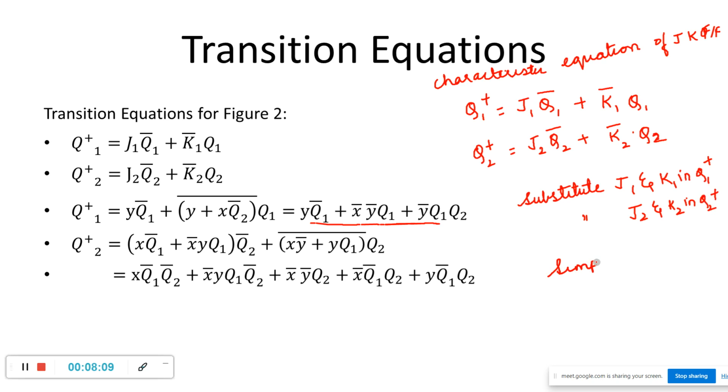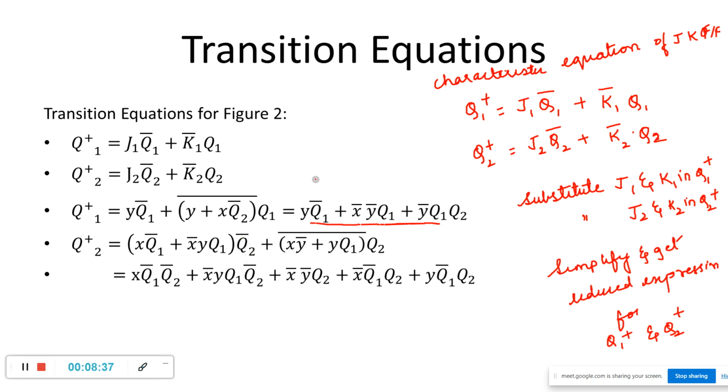Simplify it and get the reduced expression. Okay. So expression for what? Expression for Q1 plus and Q2 plus. So this is the next step. What are these? These are transition equations.